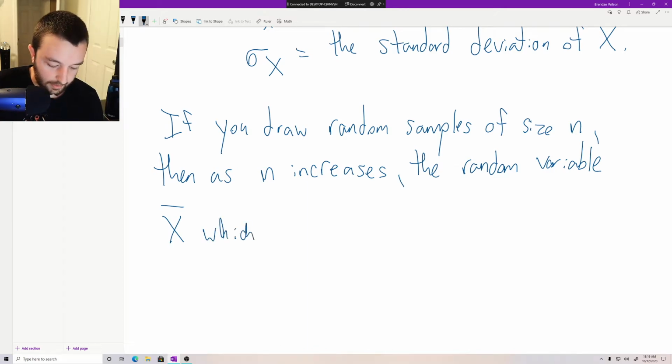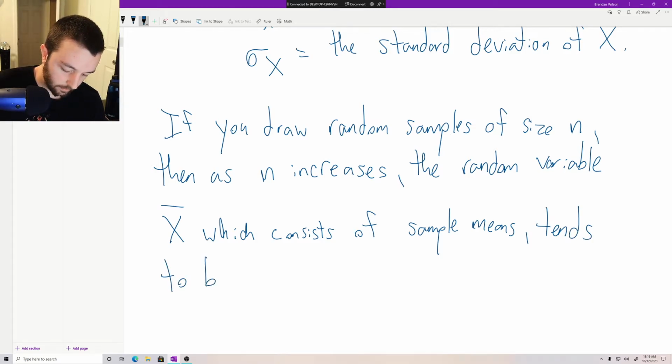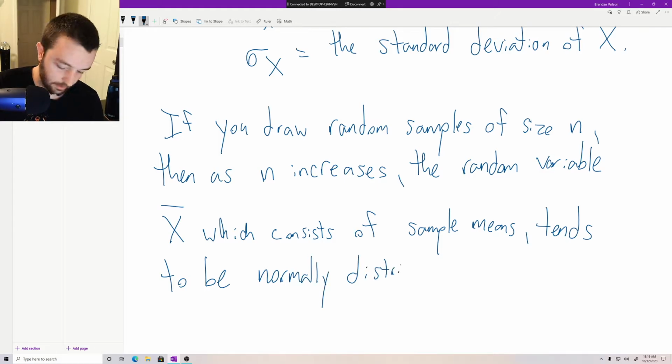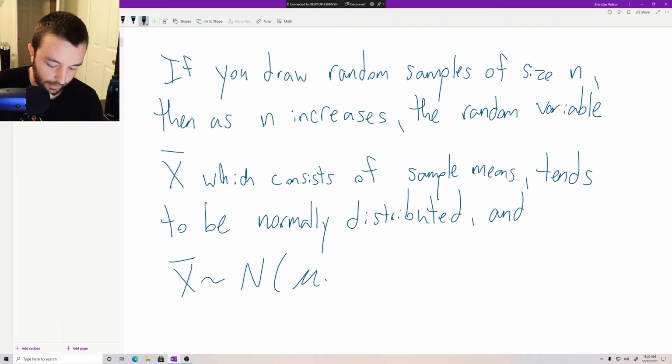So X bar, which consists of sample means, tends to be normally distributed, and more specifically, X bar is normally distributed with mean mu x, so the same mean, and standard deviation sigma x divided by the square root of n.